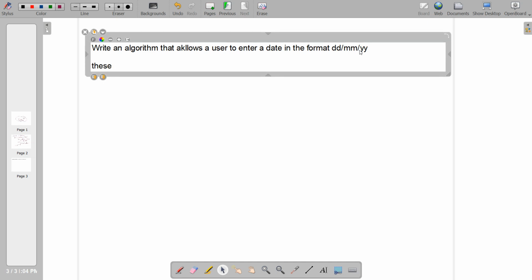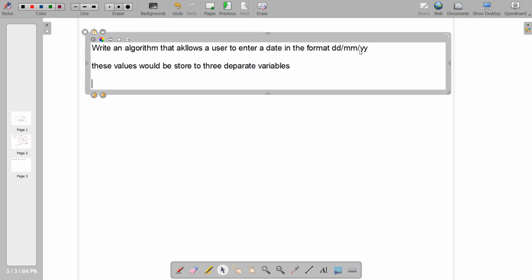These values would be stored in 3 separate variables, with the year being the 4-digit year.